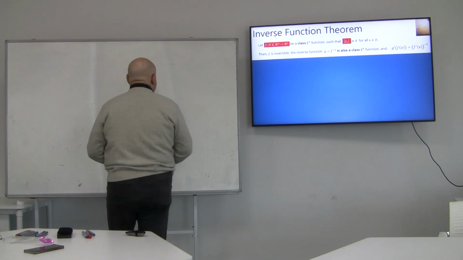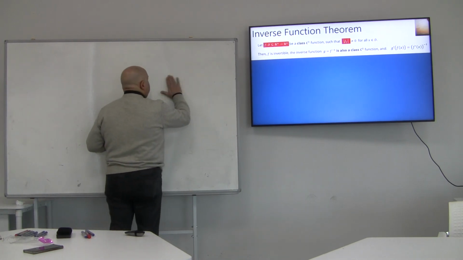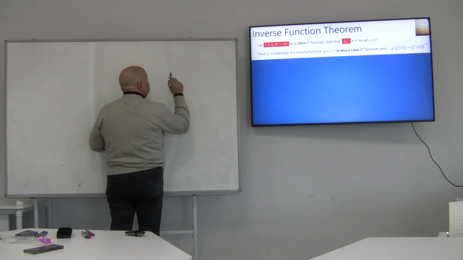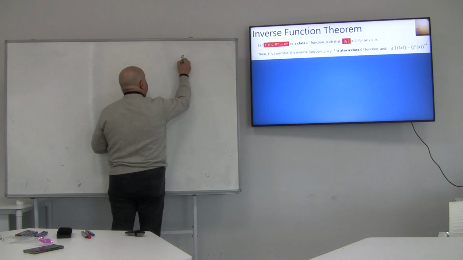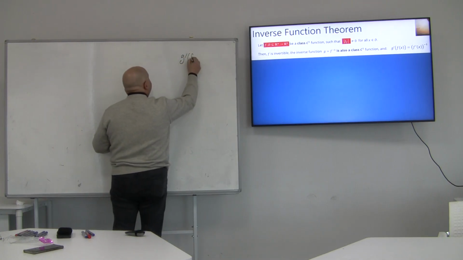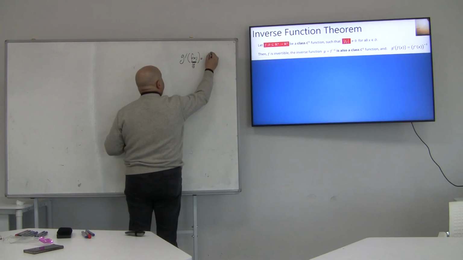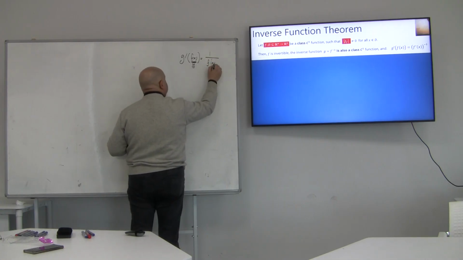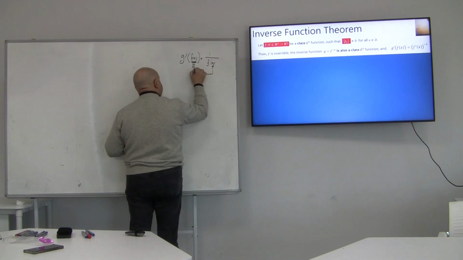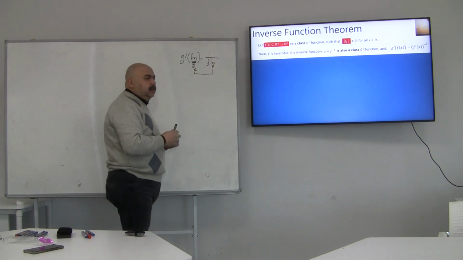This is something I want you to be careful about at all times: that we have g dash of f of x, so these are the y values, which equals 1 over f dash of x. This is the x value corresponding to these y values.